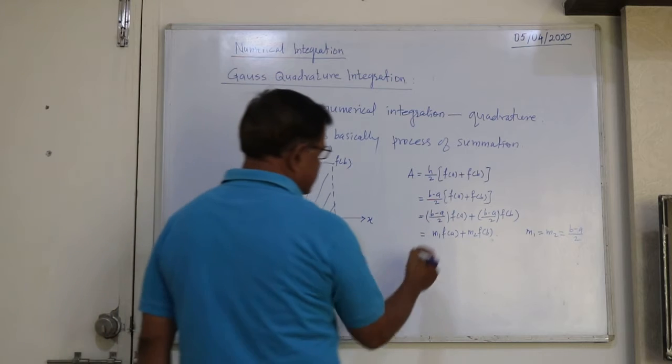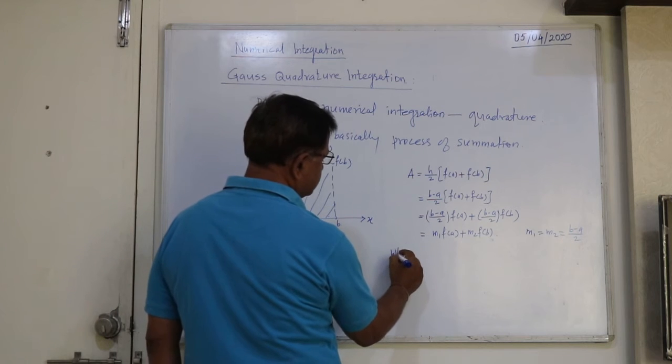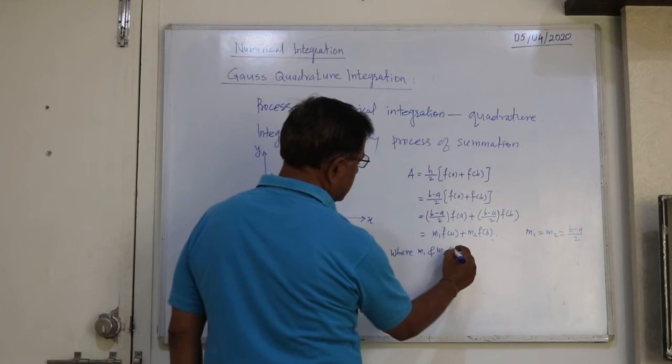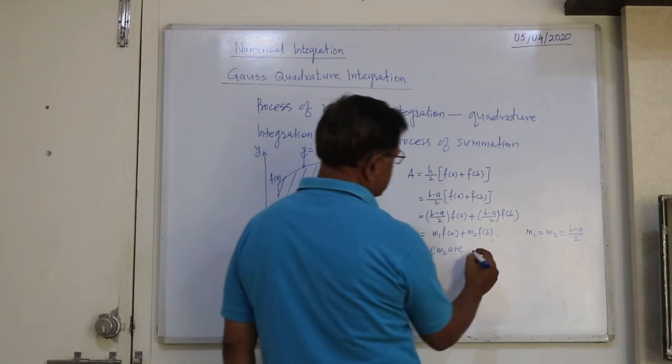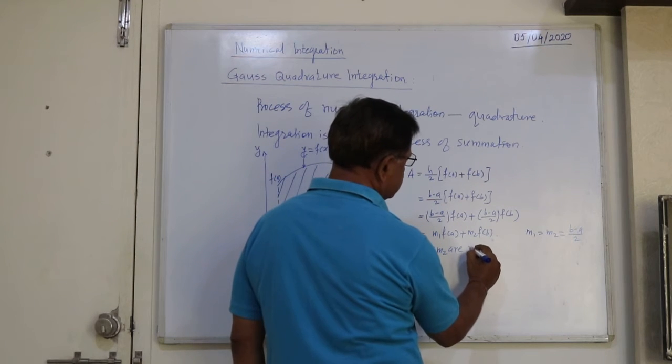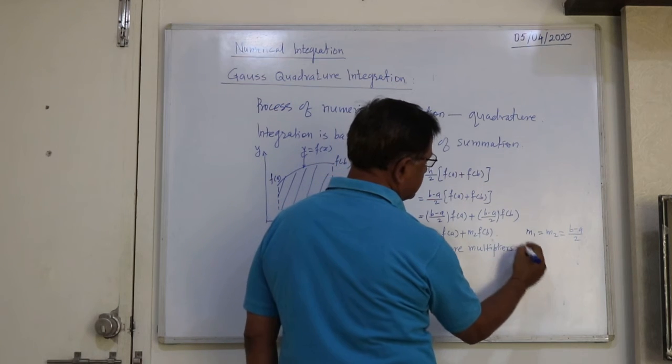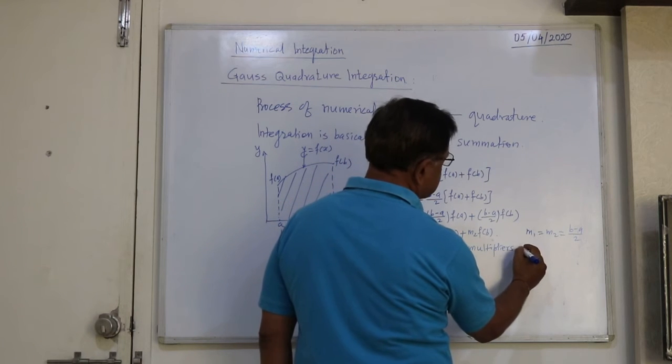So what are m1 and m2? m1 and m2 are multipliers or multiplying constants called weights.